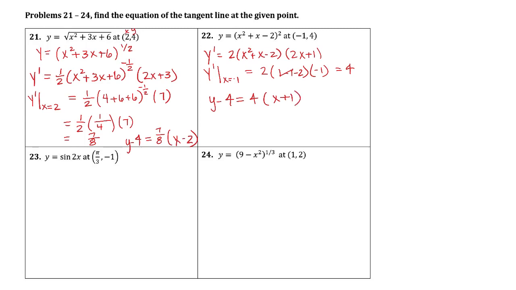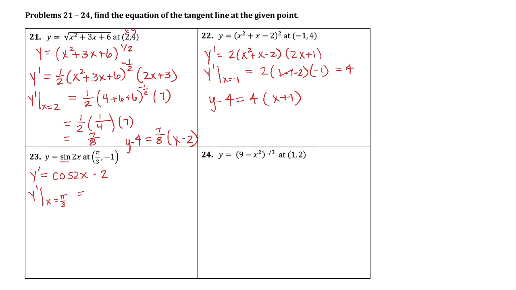Okay, same process even with our trig functions, nothing changes. So here, again, we already have our x and our y value. We do need to find our derivative, so y prime equals derivative of the outside times the derivative of the inside. And now we need to find y prime when x equals pi over 3.